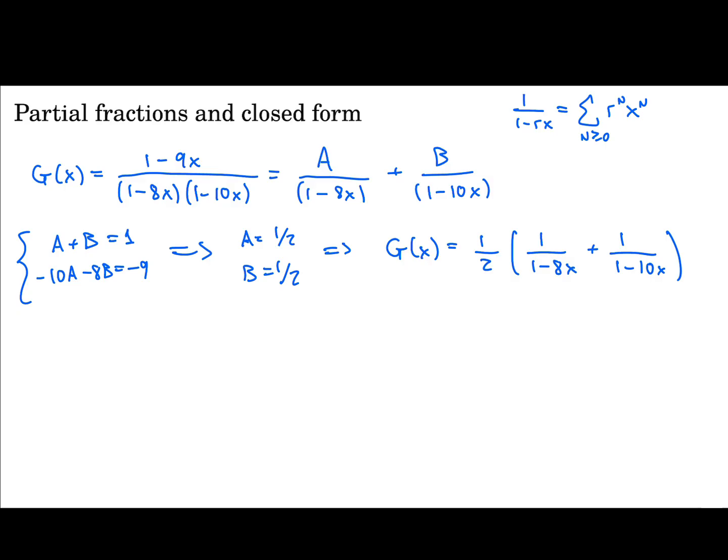And so this means that our g of x, using the geometric series formula, is going to be equal to half summation n larger or equal than 0, 8 to the n plus 10 to the n, x to the n, which means that we have the following closed form for our problem: 8 to the n plus 10 to the n divided by 2.